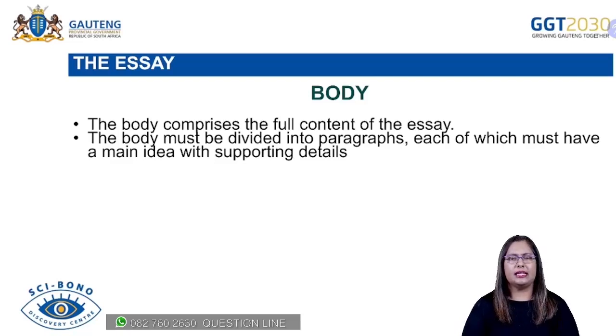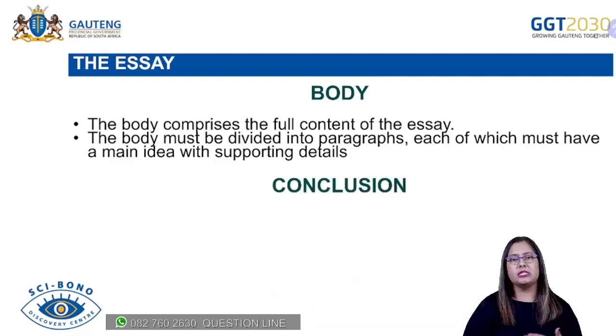And why we say 3 to 4 paragraphs is because we want you to ensure that each of the paragraphs will discuss different things. So you're not going to repeat the same thing throughout the essay. So you must have a main idea in each paragraph with your supporting details in that particular paragraph.